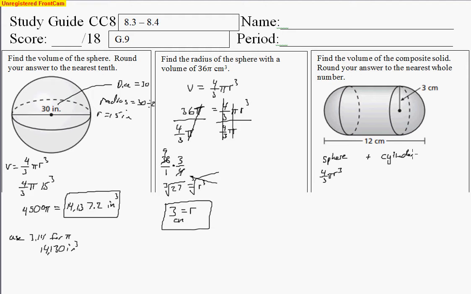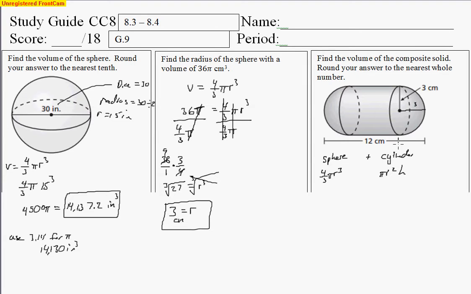And so the volume of the cylinder is pi r squared times the height. So the difference here is that you see how we have the distance going all the way across. So the radius of the hemisphere, as long as you start from the center and go to the curve of the sphere, we end up with 3 centimeters. So the distance here is 3 centimeters.